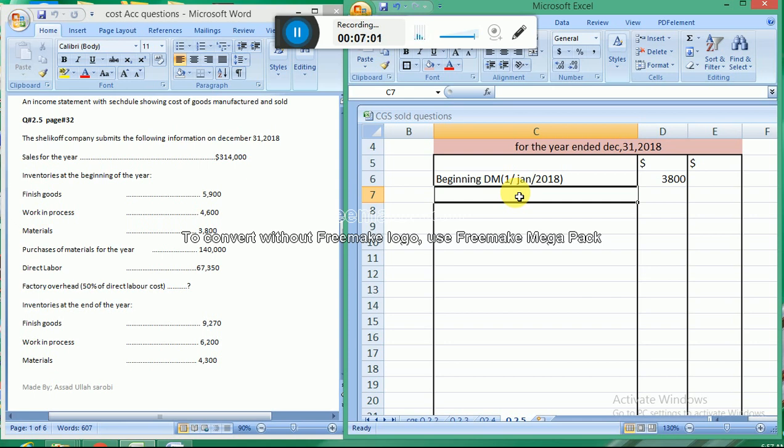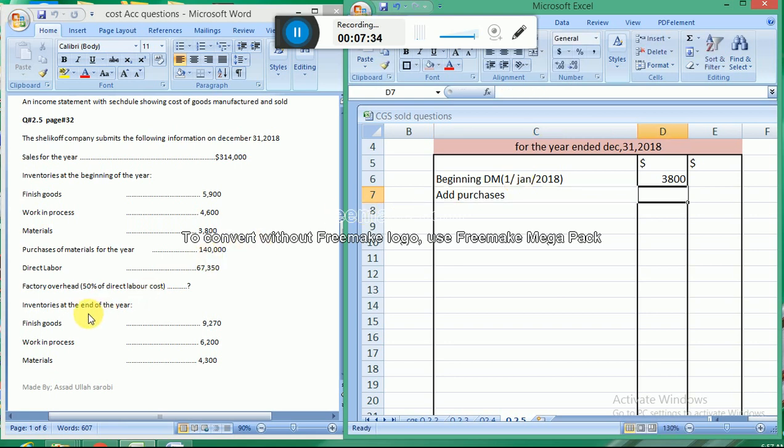It doesn't mean that if these $3,800 of material are left, we will not purchase further direct material. So we will add all the purchases made by the business during the year, because this is the year data.